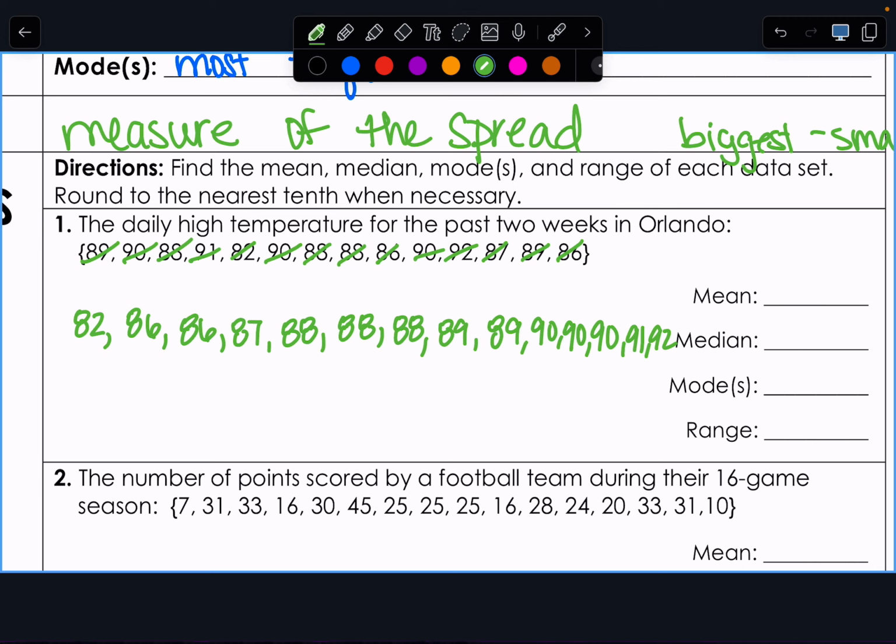Okay, so now let's just talk about the mode real quick because that's the easiest one to pick out. Which one happens the most? 88 and 90 both occur the most. And so we can have 2 modes. That is fine.